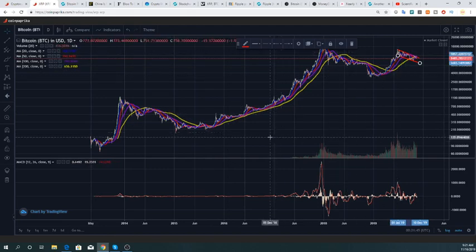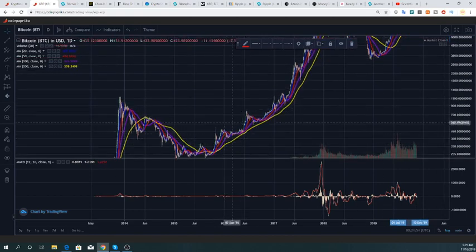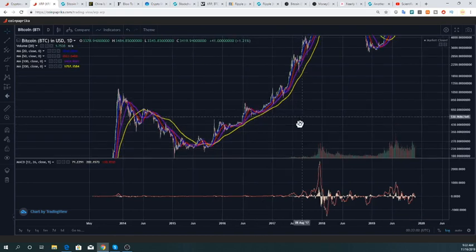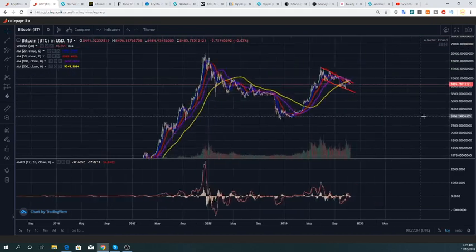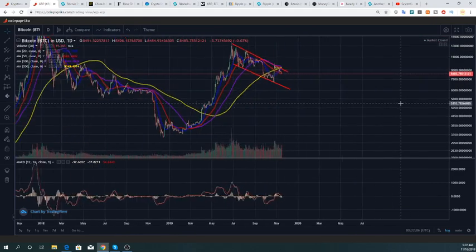So if they are stating this correction means bears are in control, I can show you something. Look at what happened here. It went up high, it came down. It went up high, it came down. The correction is always happening in Bitcoin, and I don't know what these writers are thinking about.